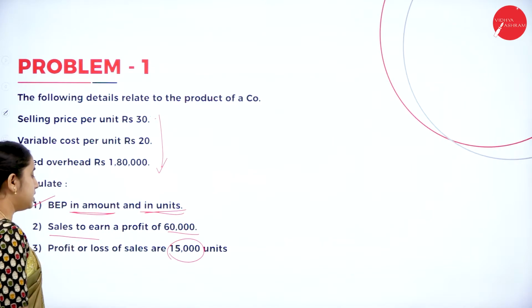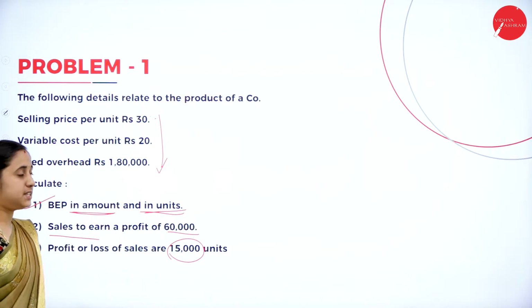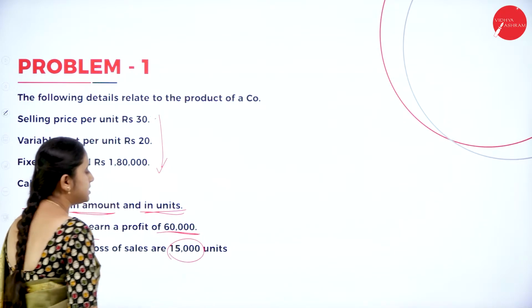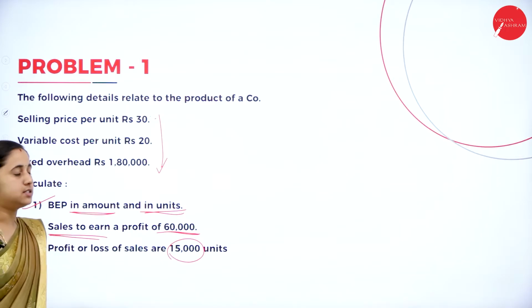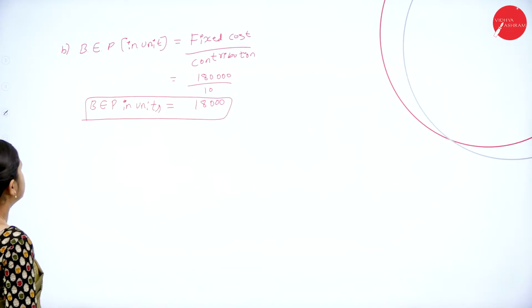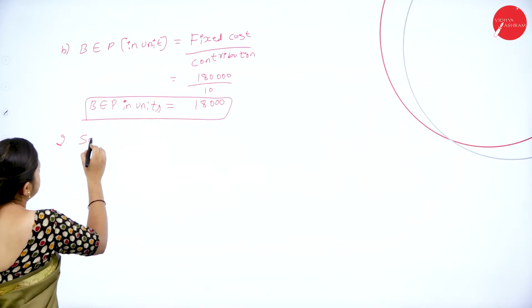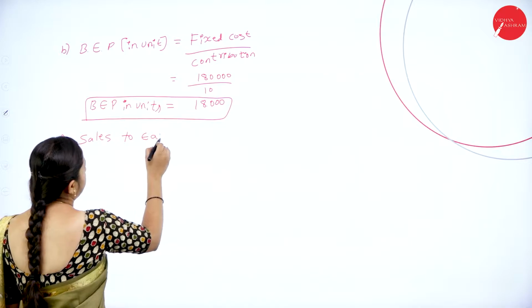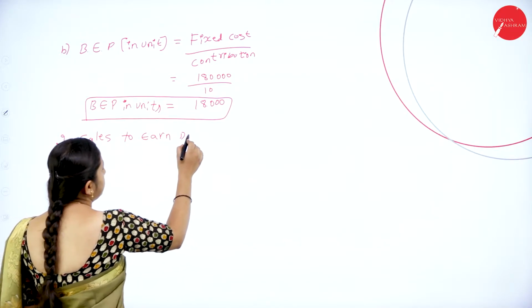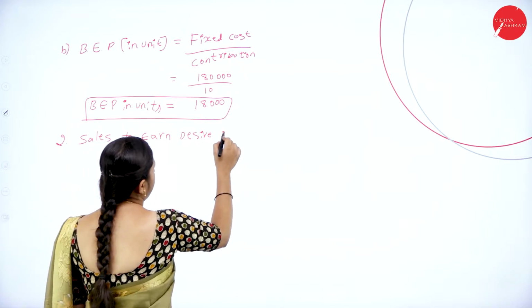Next, sales to earn a profit of rupees 60,000. That means the desired profit is 60,000. Now, we need to calculate the sales. So, second one, sales to earn desired profit.